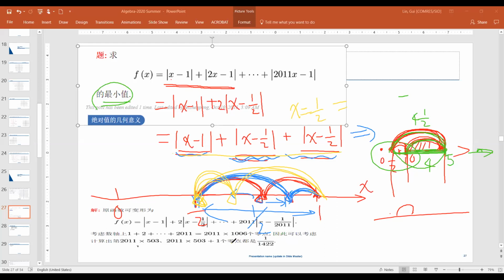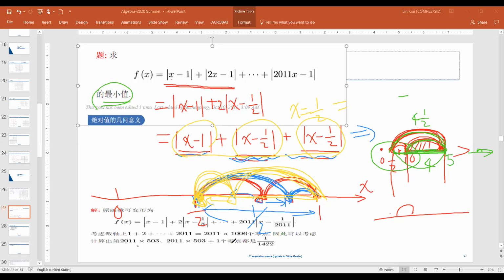Because when you get to half, no, I'm sorry, only this half, because only the distance here. When this one moves closer and finally moves here, this part becomes 0, and this part becomes 0, and this part is always the distance from here, right? It's half. So here is the minimum.